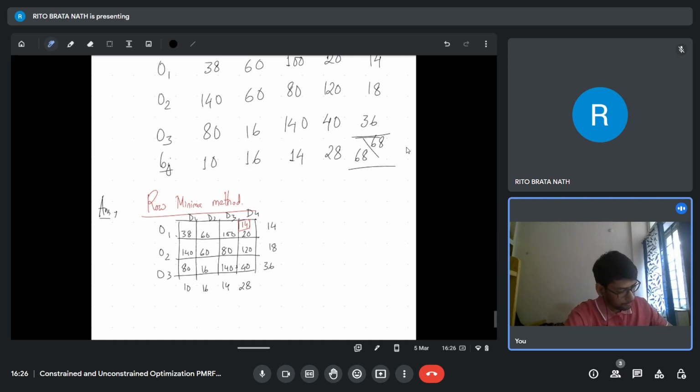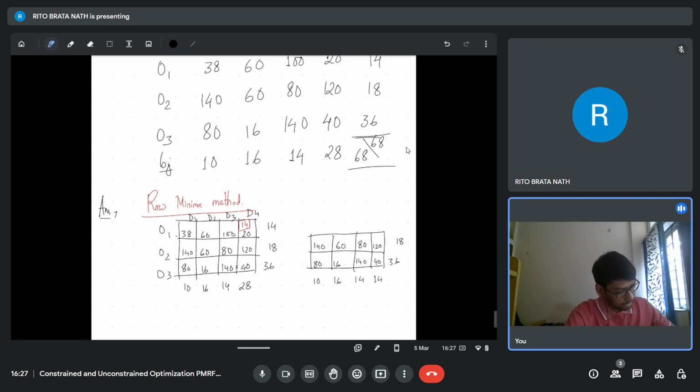So let's do this. What you are left with is something like 140, 60, 80, 120, and 80, 16, 140, 40. Here it should be 18, this is 36, this is 10, 16, 14, and now you have already allocated 14 here, so you're left with 14.